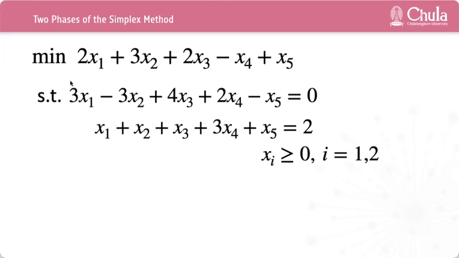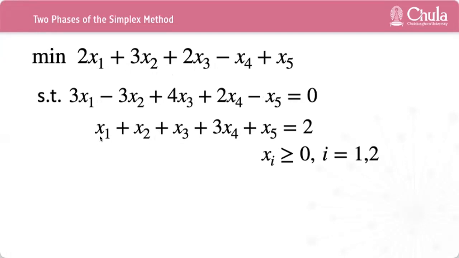For example, we have this problem. We want to minimize 2x1 plus 3x2 plus 2x3 minus x4 plus x5. And we have two equality constraints. The first equality constraint is 3x1 minus 3x2 plus 4x3 plus 2x4 minus x5 equals 0.